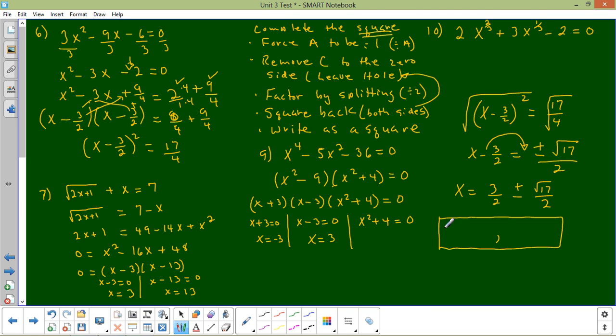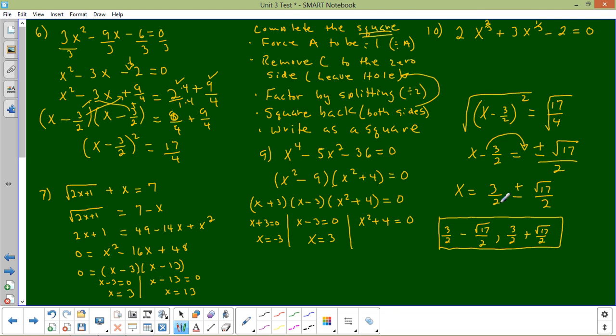You're going to have 3 halves minus square root 17 over 2, and 3 halves plus square root 17 over 2. And that's it. No x equals, no parentheses around it. You just put in multiple answers by separating them by commas.